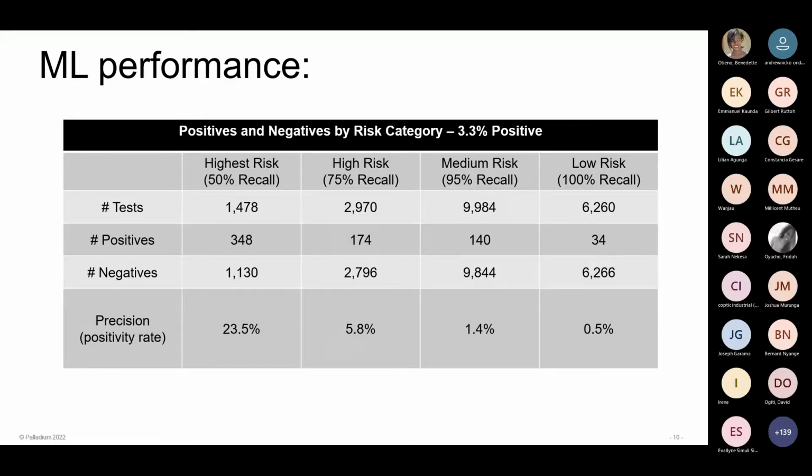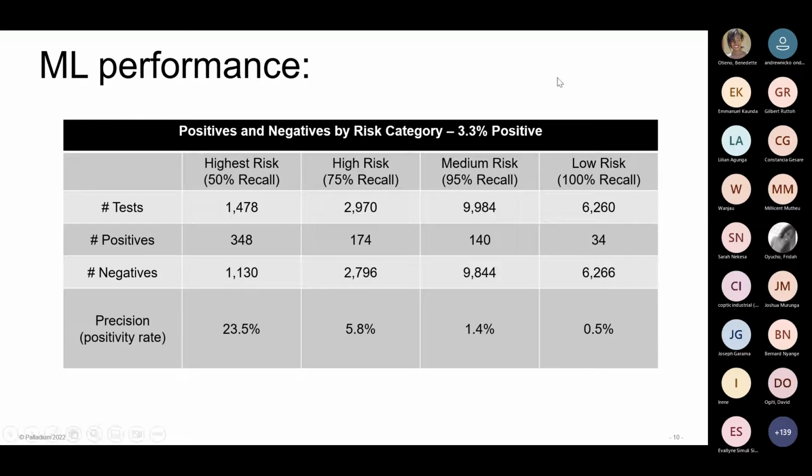So in terms of performance of the HTS ML model, this is what we currently have. And I think for those who know a little bit about model performance, you will understand this. So the recall factor here, first of all, the model places all the clients into different categories.